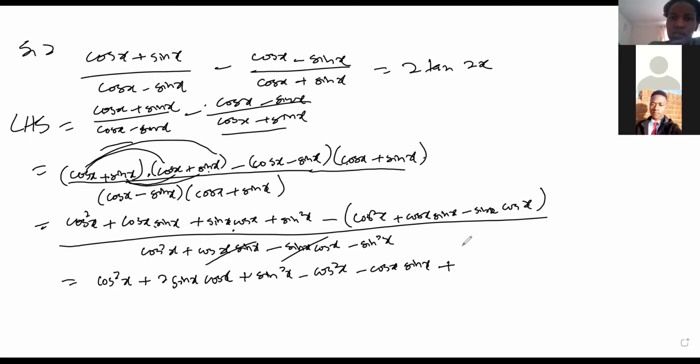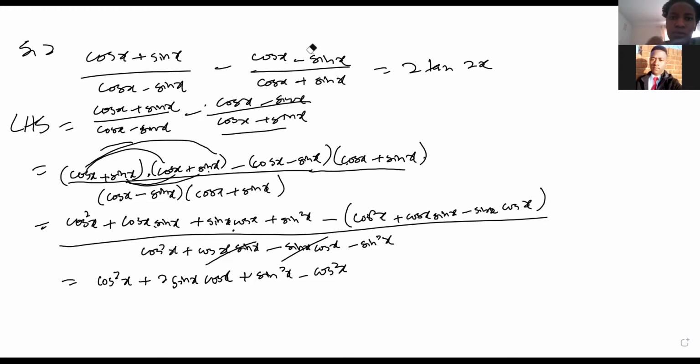These two cancel out, so that means I only have minus cos squared x there. If you can't see, please let me know. Then this will be over cos squared x minus sine squared x, because these two have cancelled out.